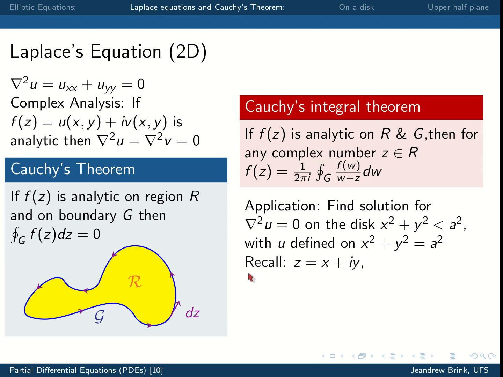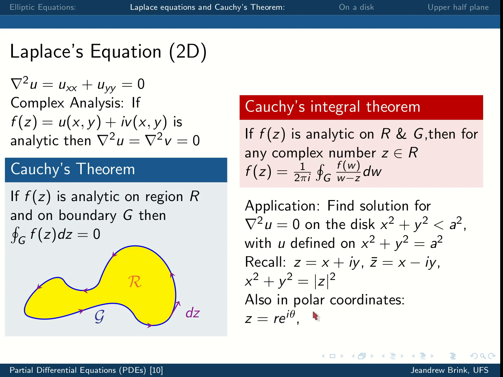Okay, so let's just set up the problem. We're going to use our complex variable z. The complex conjugate is z bar, which is just x minus iy. The norm of z is basically the square root of x squared plus y squared, and we're denoting it that way. We can also express z in terms of polar coordinates, which we will actually use to write down the solution succinctly.